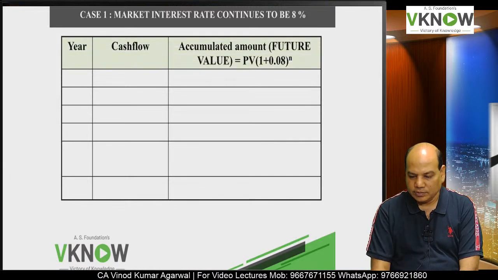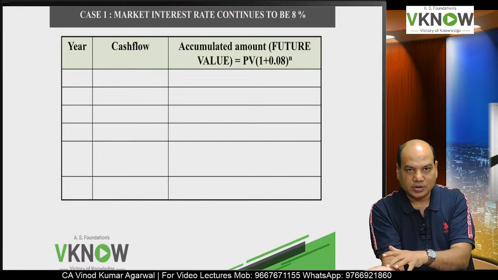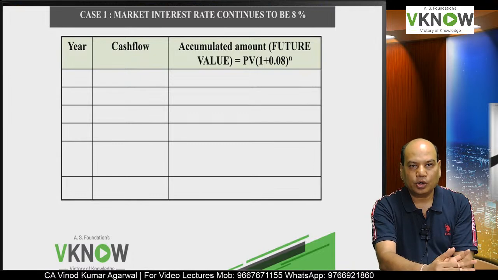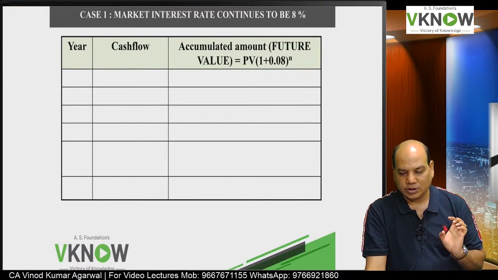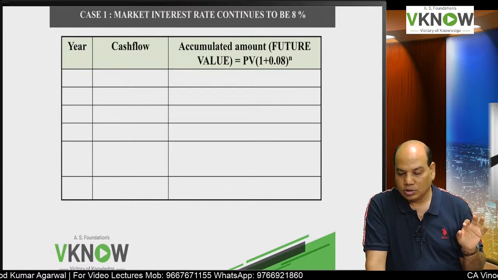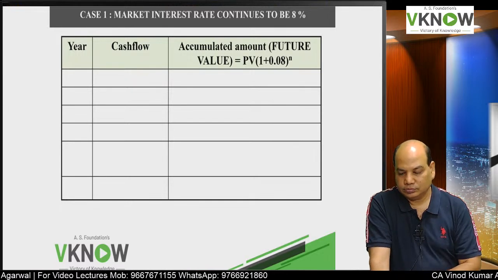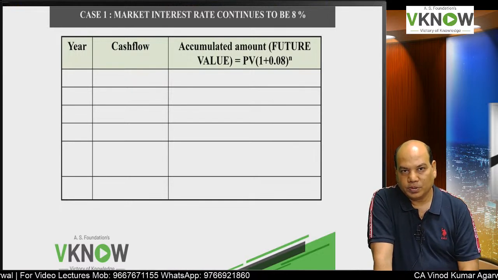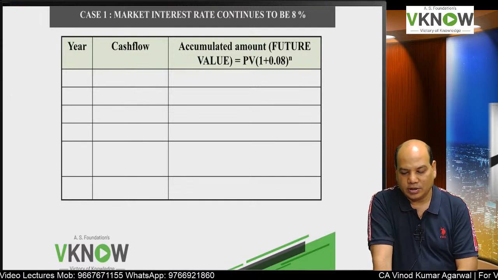Draw one table. I will reinvest the coupon at 8% and I will sell the bond after 5 years using an 8% discount rate. So the first column is year, cash flow, and accumulated amount, meaning future value. Future value is equal to present value into (1 plus 0.08) to the power n.